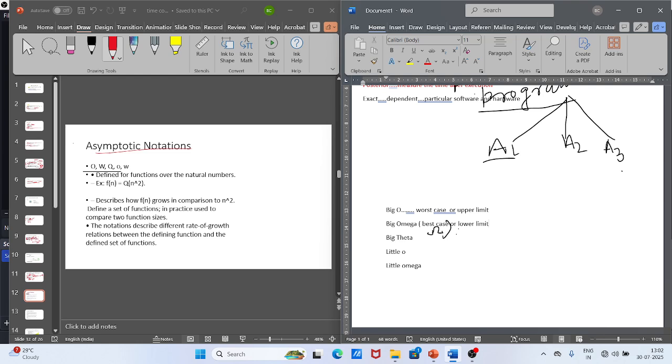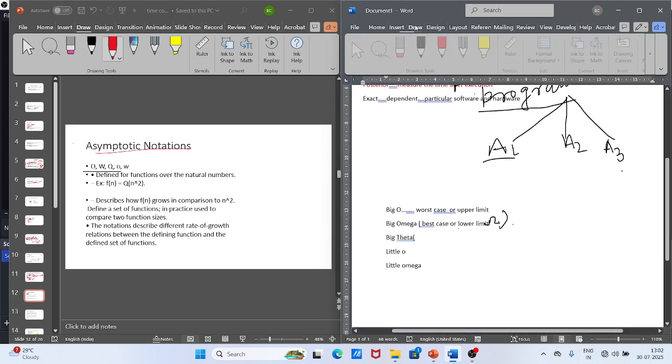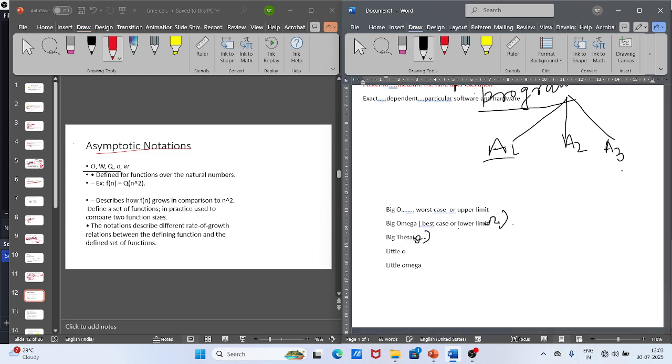Okay. Next one is big theta. Big theta is used for average case. Okay. And next one is little o and little omega.